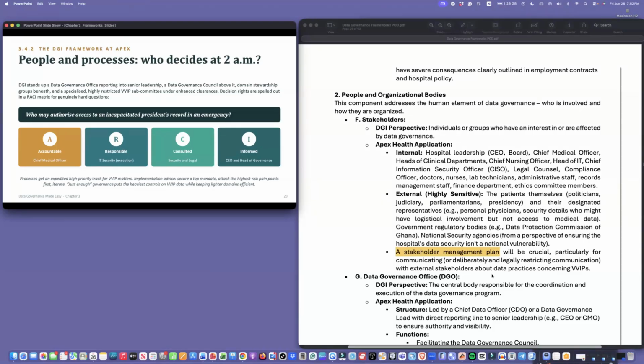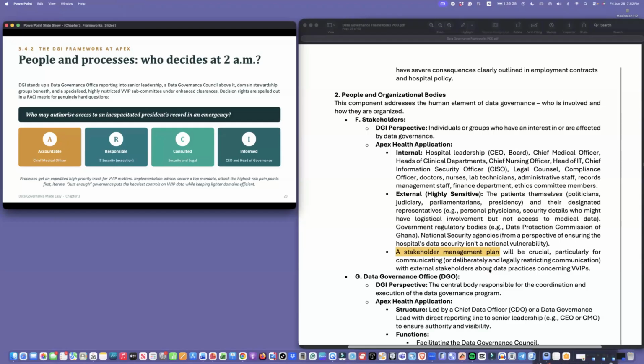For example, with VVIPs, you have to be very, very careful what you can discuss. There are some things that sometimes, even at the presidency, are discussed with the president, but the president's wife may not even know about it, because it's an issue of national security. And even the president, when you go home, for the protection and safety of your own wife and your children, you don't discuss these things with them.